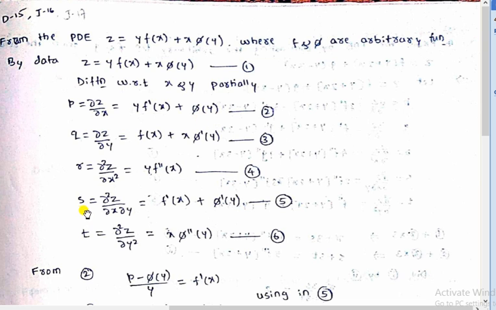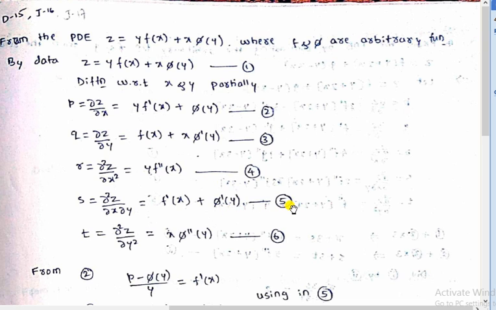Then s, which means dou square z by dou x dou y. It means we'll differentiate equation number 3 with respect to x. So differentiate 3 with respect to x: the differentiation of f of x becomes f dash of x, plus the differentiation of x is 1 into phi dash of y.